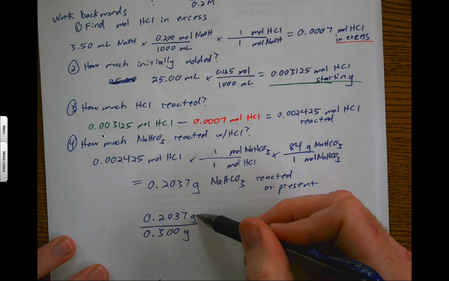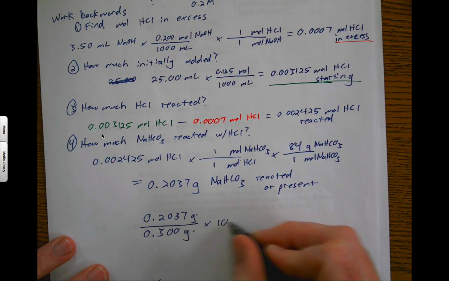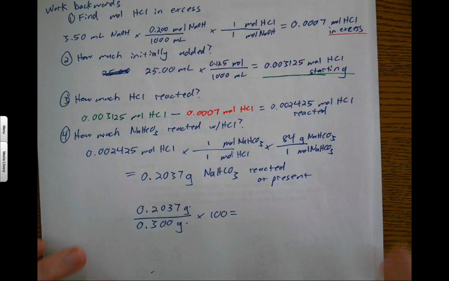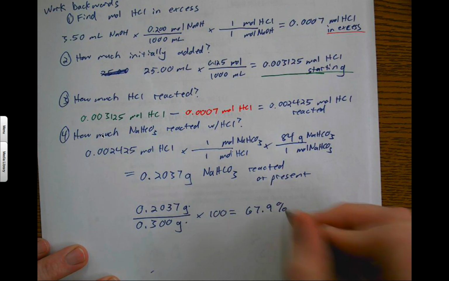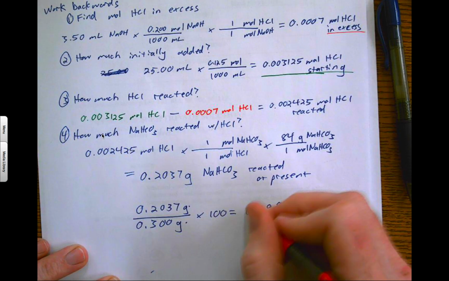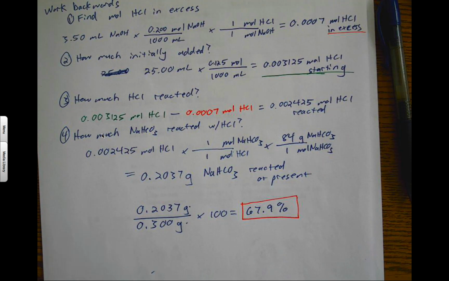So you have the part divided by the whole, that's your percentage, multiplied by 100 to give you a percentage, and you get 67.9%. Lickety split. That's how you do that question.